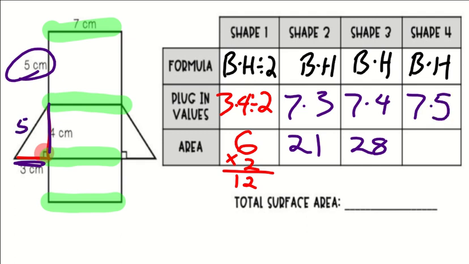But we've got 7 times 5, that's 35. And then we add them up. 12 for the two triangles, plus 21, plus 28, plus 35. And that should give us 96.